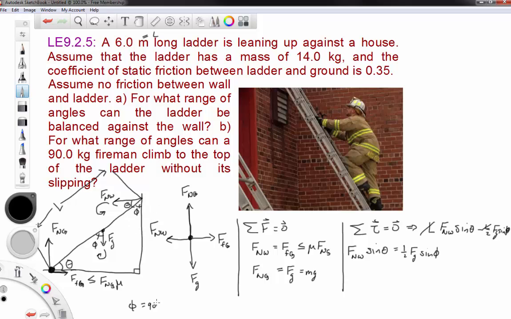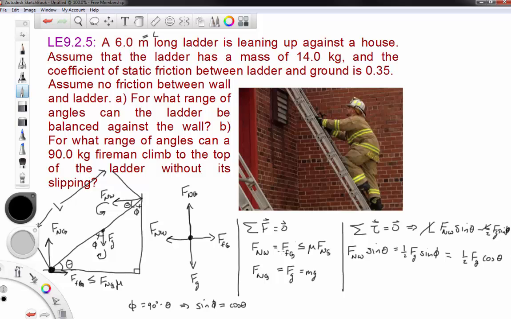So phi is 90 degrees minus theta. Again, we see this geometrically because this is a right triangle. Here's phi, here's theta. What this implies is that the sine of phi is the same thing as the cosine of theta. So this right here gives us 1/2 times the weight times the cosine of theta.